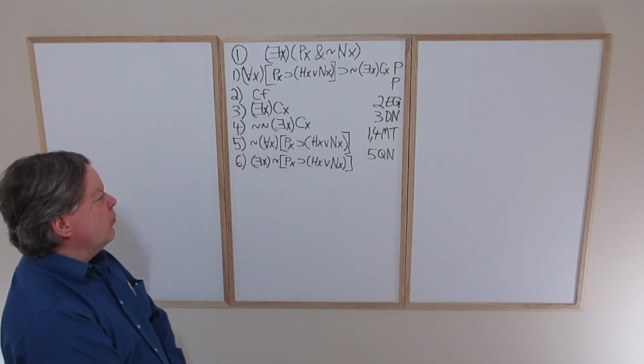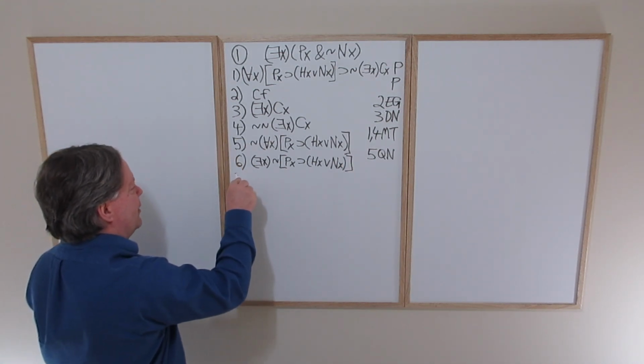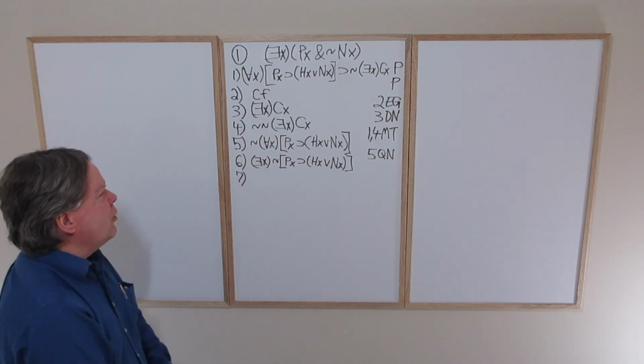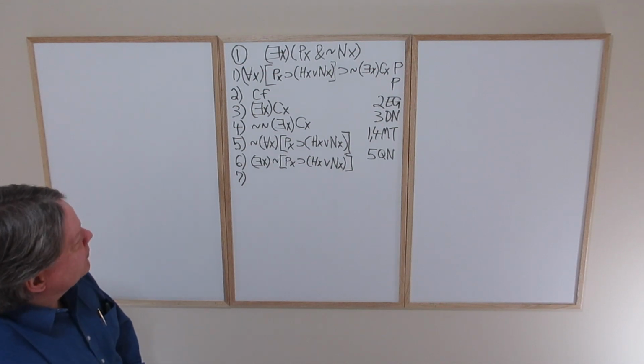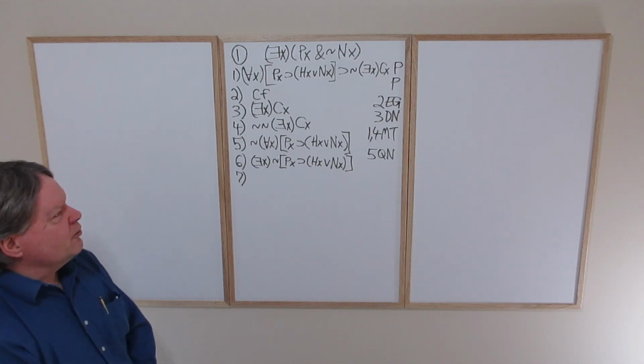All right, so we can do an EI on line 6. Recall though the EI requirements say it's got to be a new free variable. I don't see any free variables in the proof.